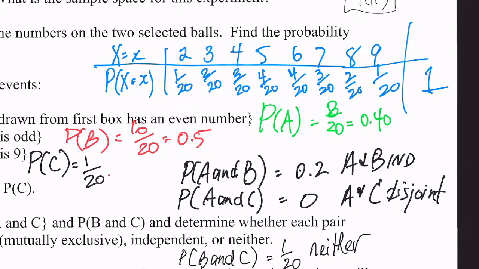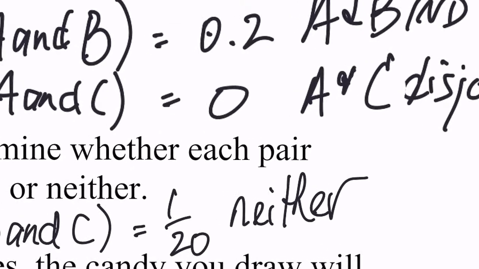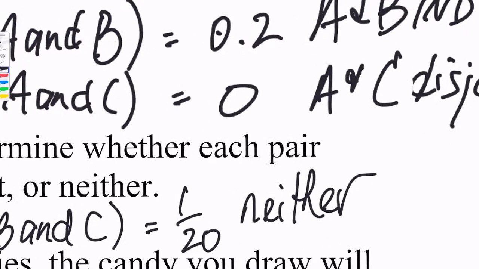Notice the probability of C is 1/20. But the probability of C given B happens should be the same, right? But that's not the case. So let's see if I can write this. I'm going to make this bigger, in a different color.